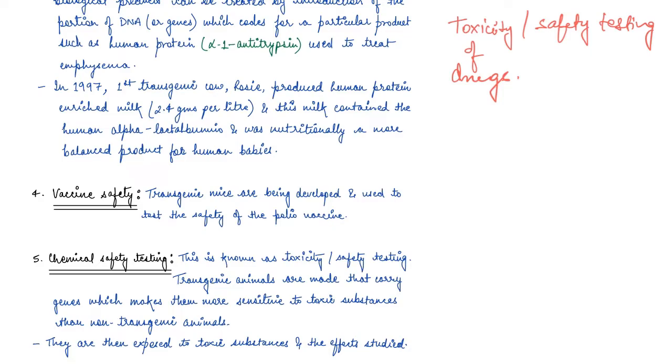So guys, with this we have finished the topic of transgenic animals, and there's just one more small topic left, which we'll discuss in the next video, which is ethical issues. So just think about it for 2 minutes: by making transgenic animals, by making these genetically modified crops, are we not playing with nature?